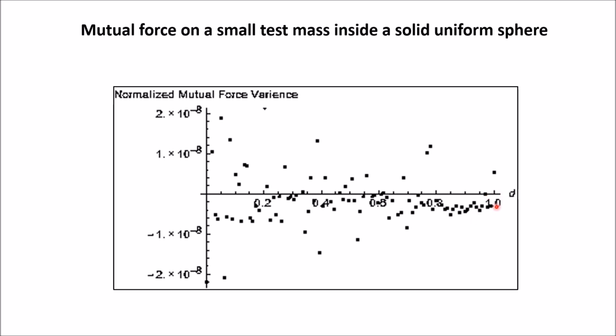Again, I've rendered these distances as fractions of the total radius of the larger object, and the smaller object is embedded inside it and moves inward to the center. These are consistent variations, very small. It's not abundantly clear what that means at this particular point, since these variations are very, very small away from the point mass model. But this shows greater granularity.